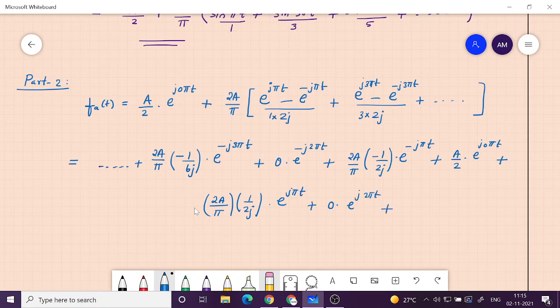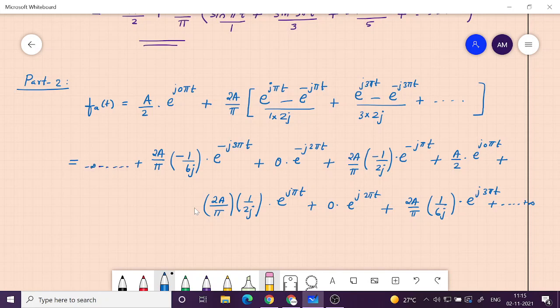Then the next one is 2a by pi into 1 by 6j e raised to j 3 pi t plus etc. So this continues to plus infinity, and this goes to minus infinity.